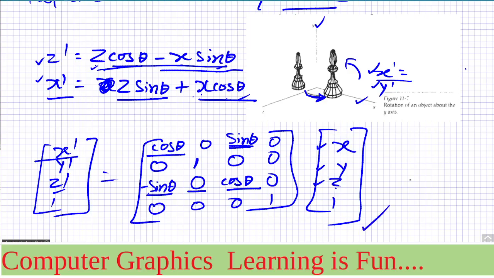So this will give you the rotation about y-axis. Was it easy to understand?